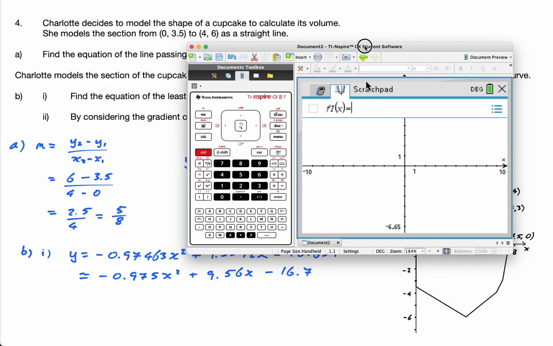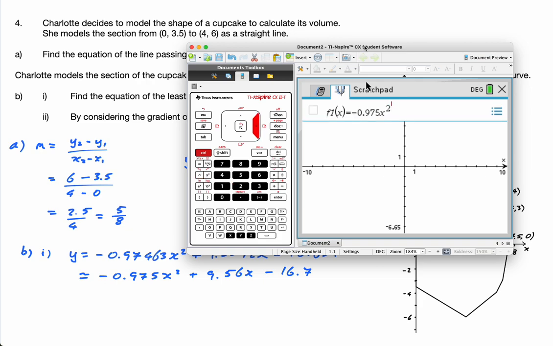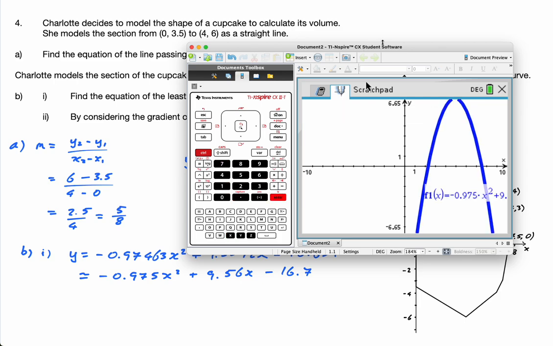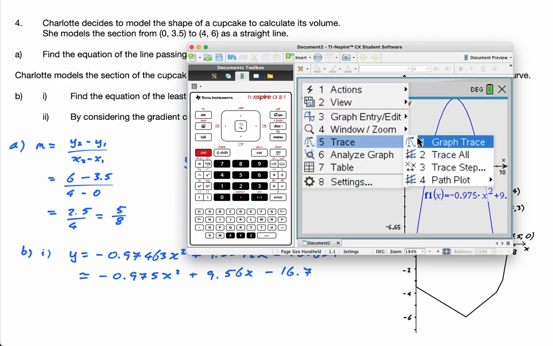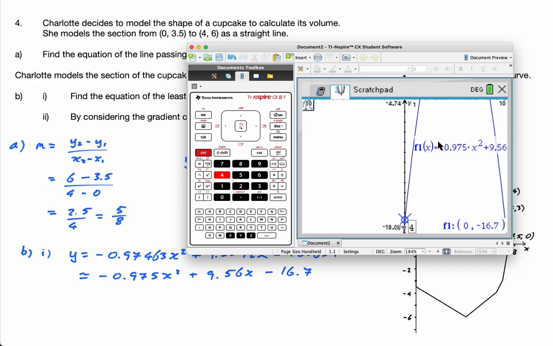So we have minus 0.975x squared, and the 3 significant figures is fine for this, plus 9.56x minus 16.7. And then when x equals 4, let's do trace 4.